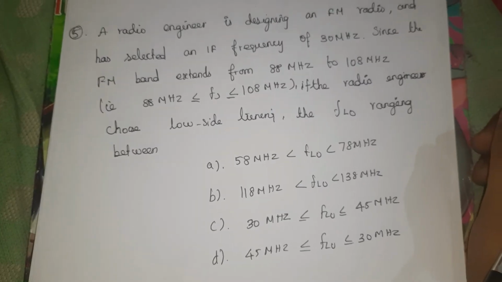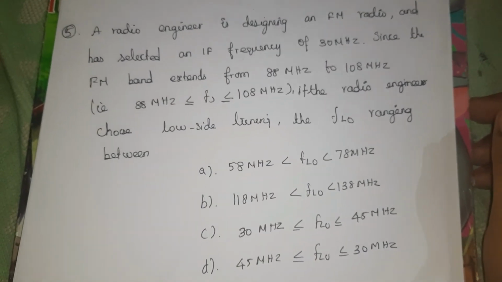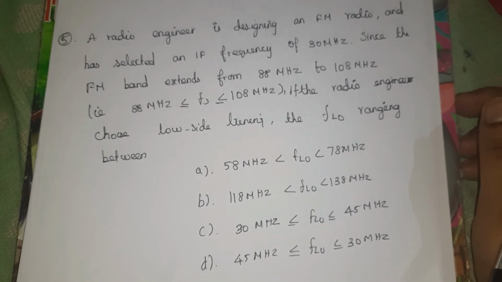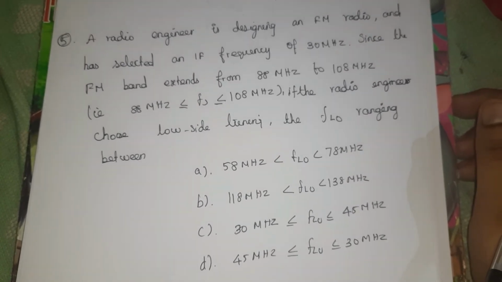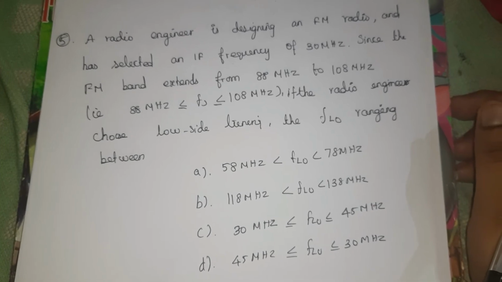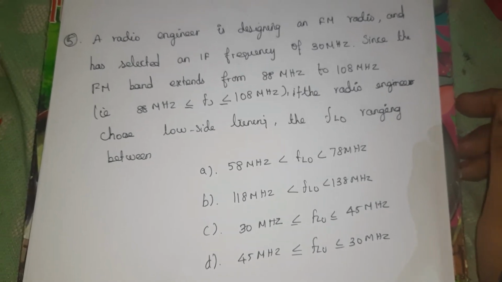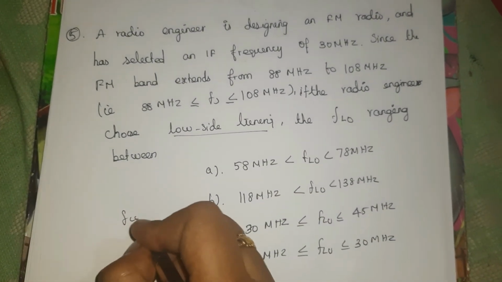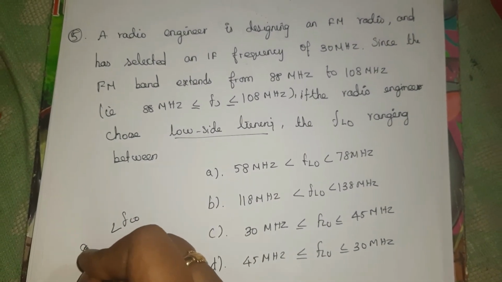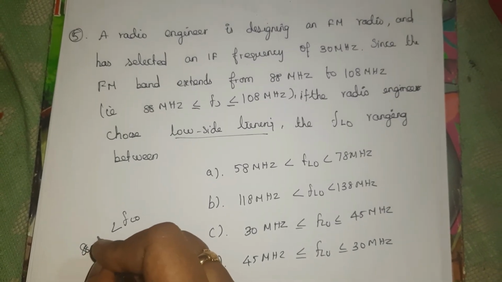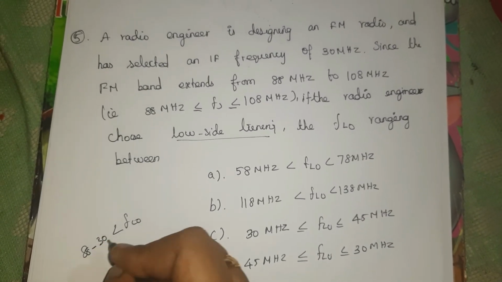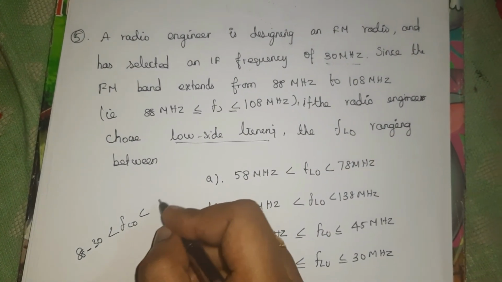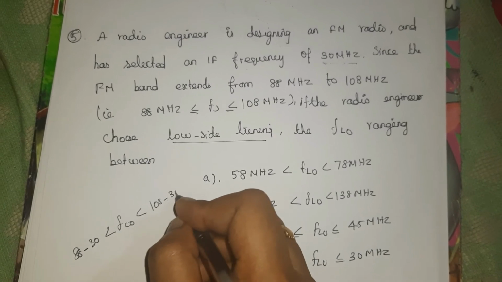Fifth question: a radio engineer is designing an FM radio and has selected an IF frequency of 30 MHz. Since the FM band extends from 88 MHz to 108 MHz, if the radio engineer chooses low side tuning, the FLO ranges between, and this is low side tuning, so the FLO range is 88 minus the intermediate frequency, which is 30 here, and also the upper value minus this 30.